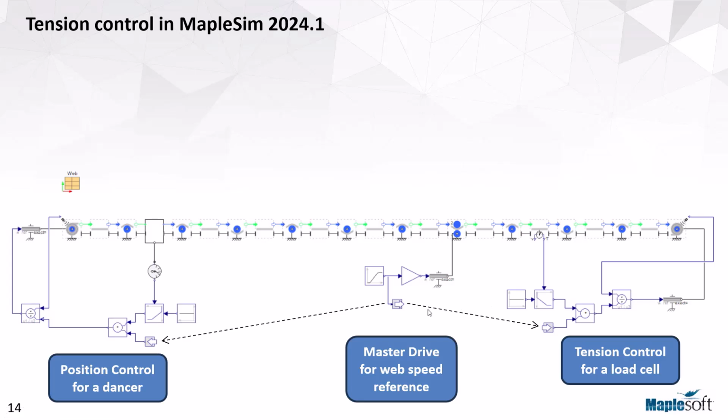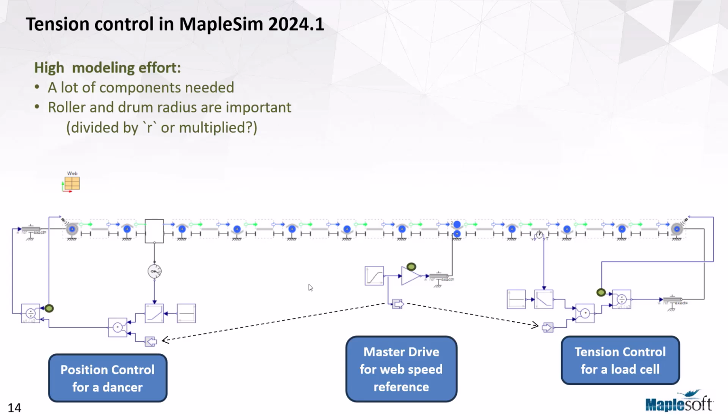And also you can see these gray components here. These are very perfect drives, speed drives, to drive all the rollers with a defined speed.